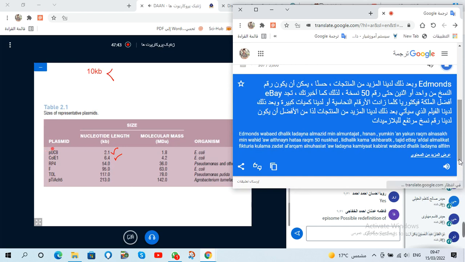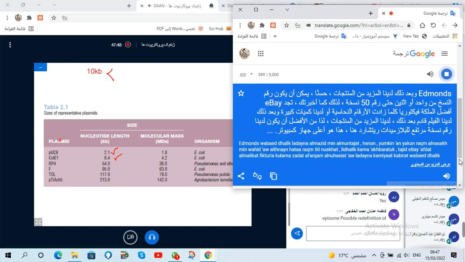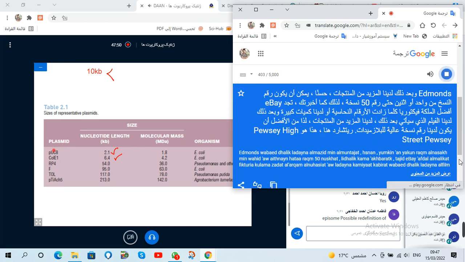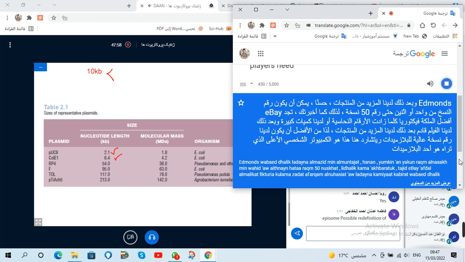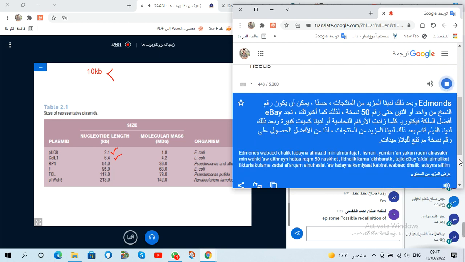Look at here. This is pUC19. pUC19 is one of the plasmids. What is pUC19? pUC19 is a resistance plasmid.